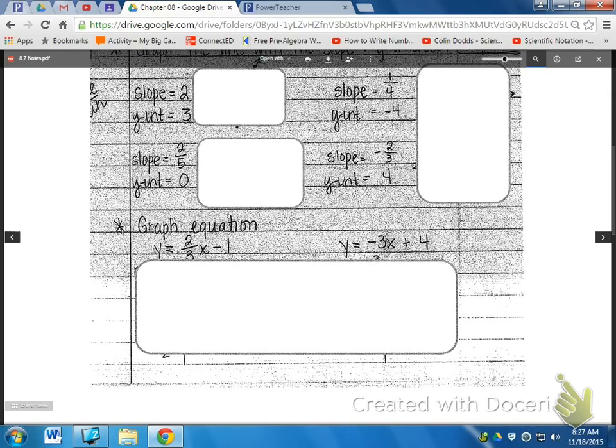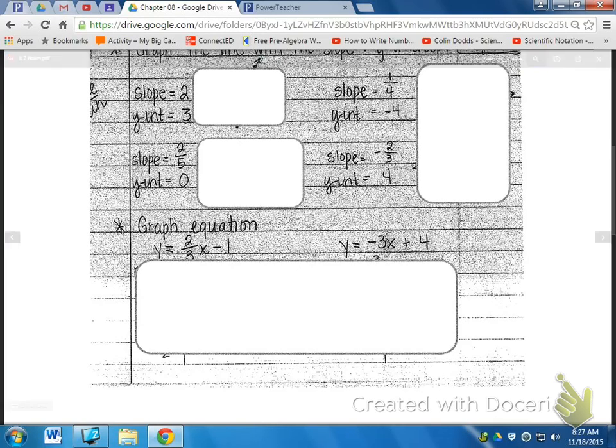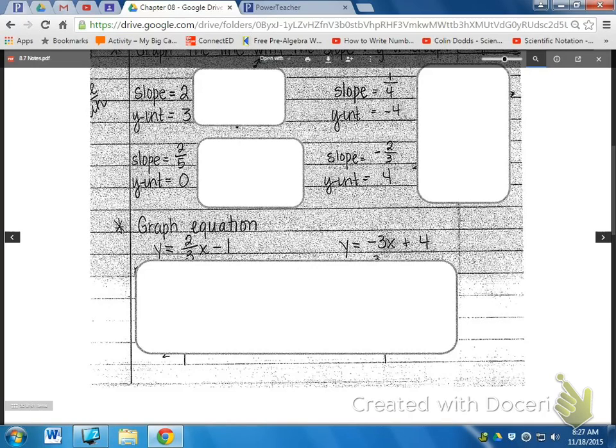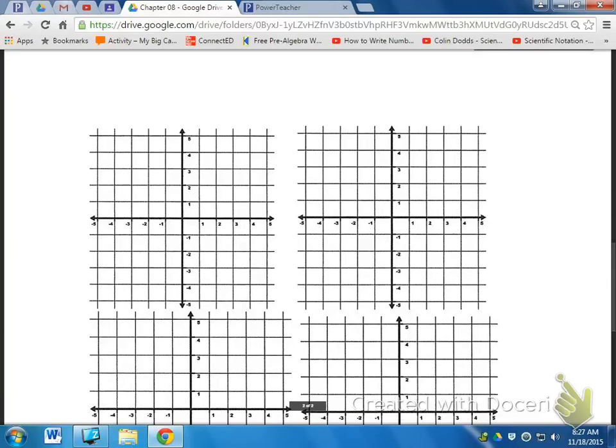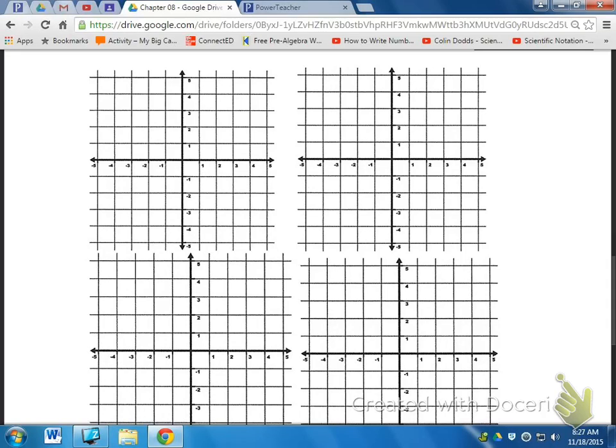So I'm going to switch back and forth here because my graphs are down below. So the first example says that slope is 2. So I'm going to write it beside my grid here. Slope, or m, was 2, and the b, the y-intercept, was 3.